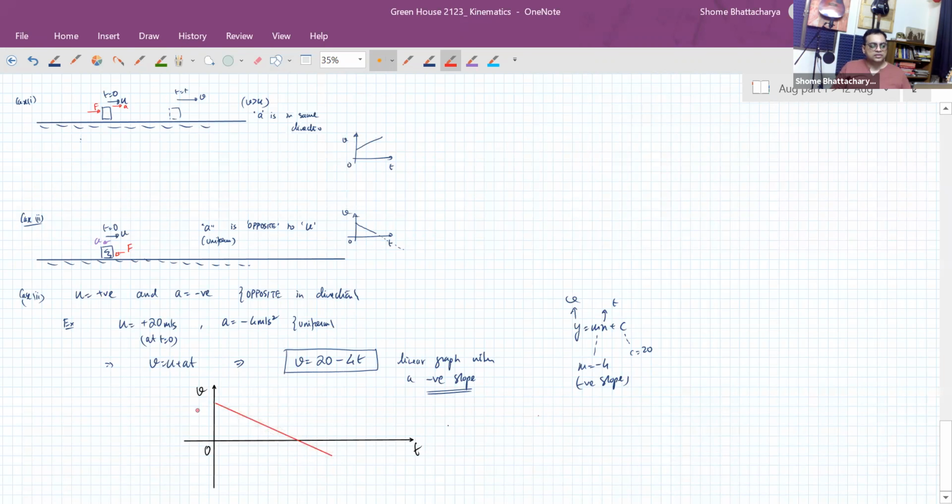So here we can see that it's starting with a velocity of 20 meters per second. But for example, after let's say 2 seconds, how much is the velocity becoming? It's becoming 12. Okay. Then you can see after 4 seconds, the velocity is only 4.